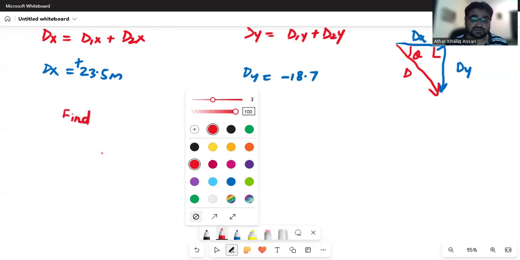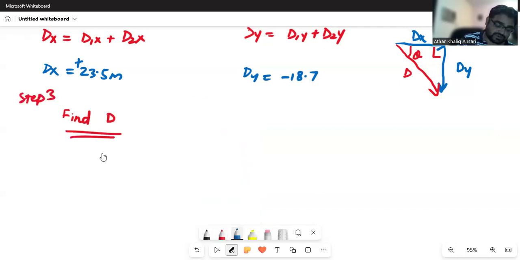To find d, as I mentioned earlier, I will use the Pythagorean theorem with dx squared and dy squared. So it is the square root of 23.5 squared plus negative 18.7 squared, but keep in mind you will write it in brackets. So this is giving me 30.03.